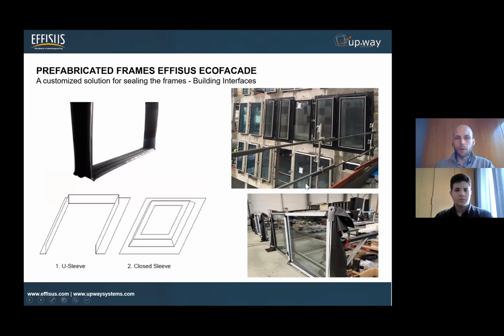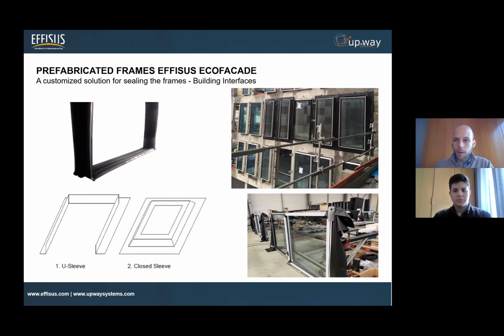So just moving forward, we'll be able to find also this reference to the prefab frames. So as we were saying, the importance of having this kind of prefab solutions is to avoid these potential leakage points. And I think there's not an easier way to understand the benefit of having a prefab solution than with a prefab frame, because when we have a prefab frame, and this should of course be analyzed project by project.